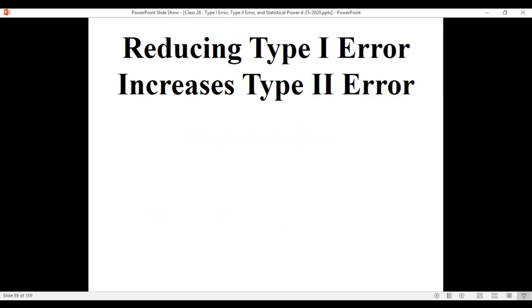Earlier I said that a researcher who wants to reduce the probability of type 1 error might decide to use an alpha of 0.01 instead of an alpha of 0.05. Using an alpha of 0.01 does in fact reduce the probability of type 1 error to 1%. But here's the bad news, it also increases the probability of type 2 error.